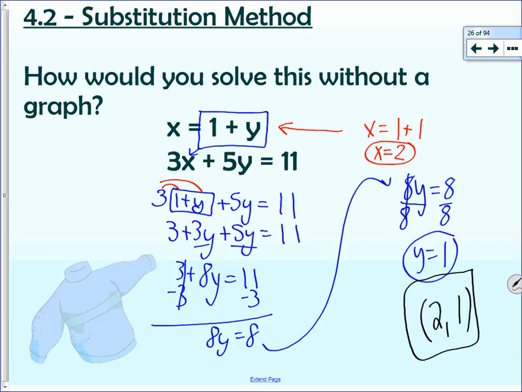Yes? Now, you guys want to check your answer? So does 2 equal 1 plus 1? Yes. And if we plug in 2 comma 1, does 3 times 2 plus 5 times 1 equal 11?